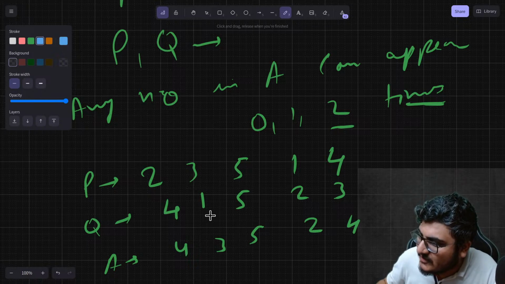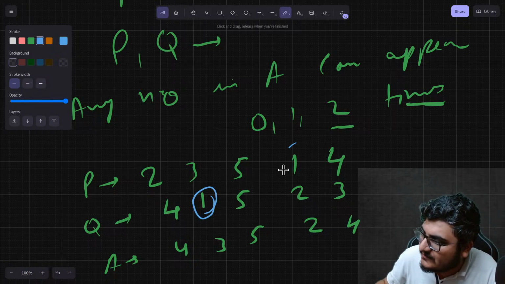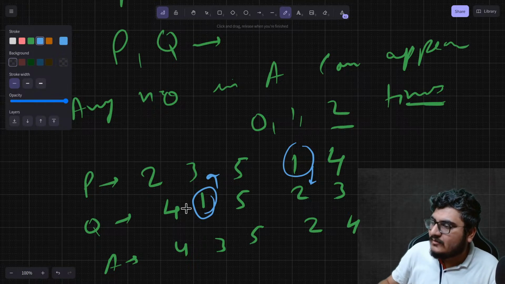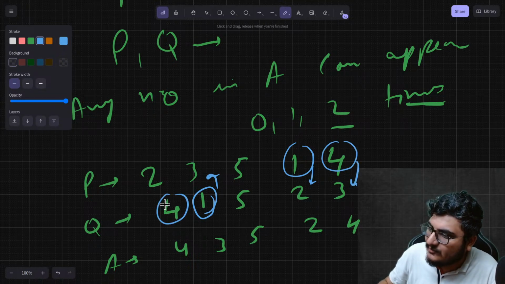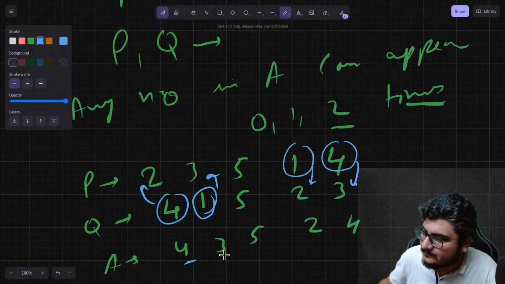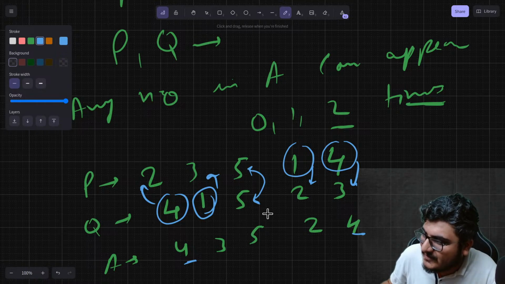Here 1 does not appear anywhere because 1 has been paired in both the permutations with a number larger than it. 4 appears 2 times because both times it was paired with numbers less than it. And 5 appears only once because it was just paired with 5.